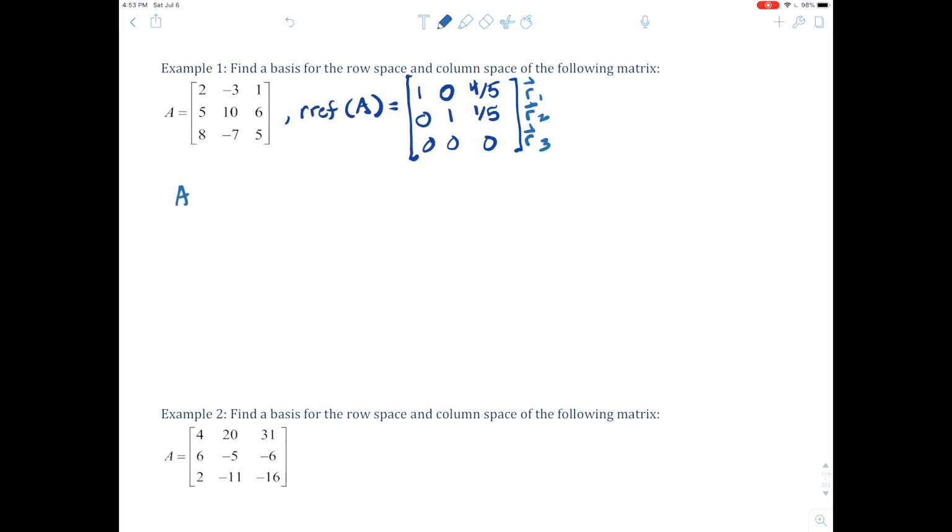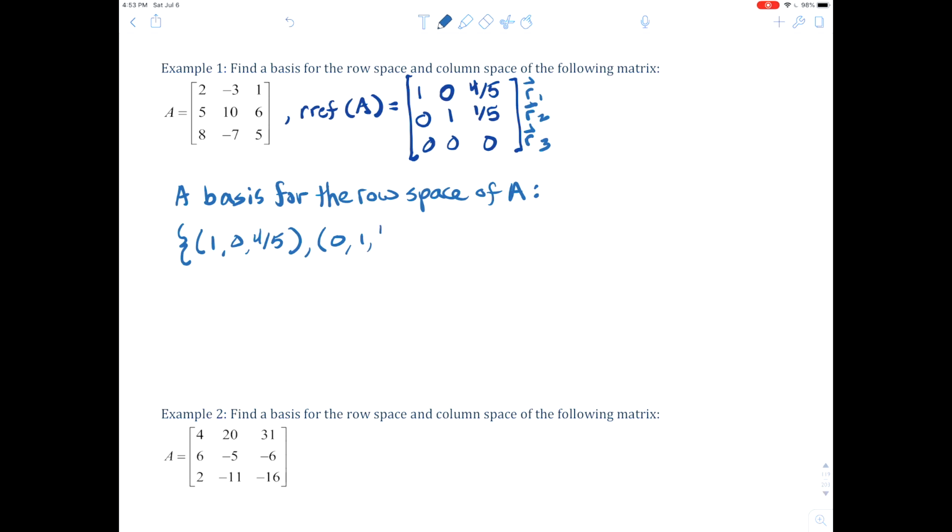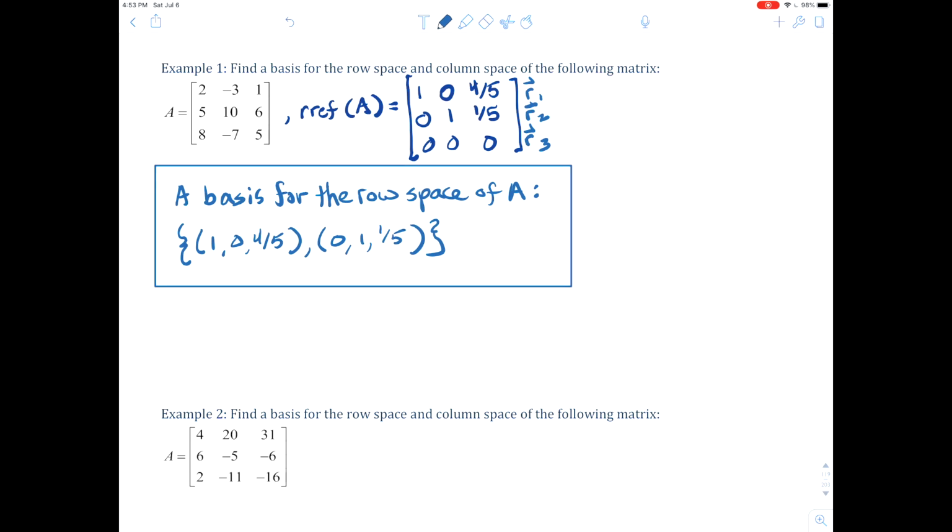A basis, remember it's not the basis, it's a basis for the row space of A is going to be (1, 0, 4/5) and (0, 1, 1/5). Good so far? Awesome.